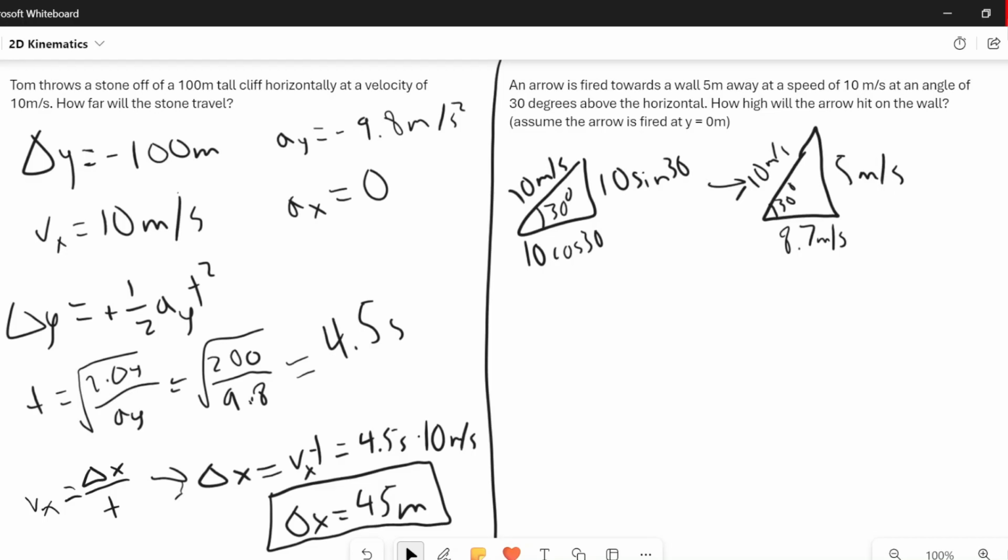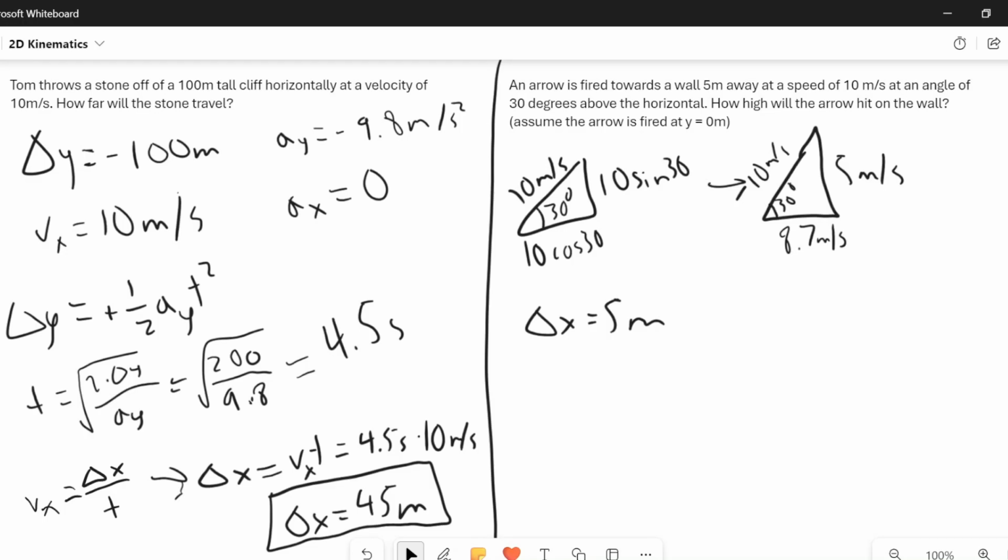Alright, so first we need to find the time. We know that the arrow is fired towards a wall 5 meters away, so we get that delta x equals 5 meters.